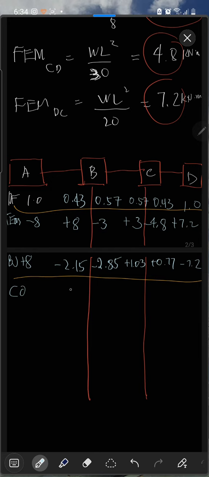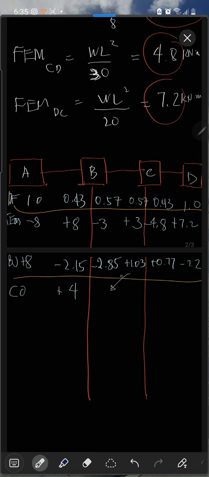So pag-carry, half of this transfer diri para ma-transfer ang moment from A to B nga support. So that is 4 positive.